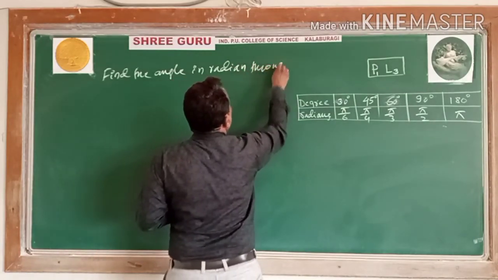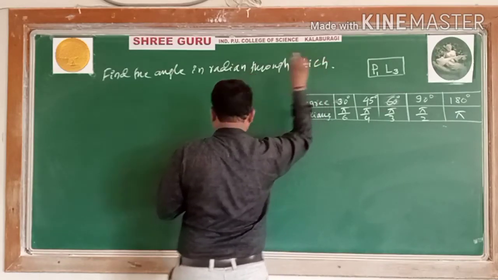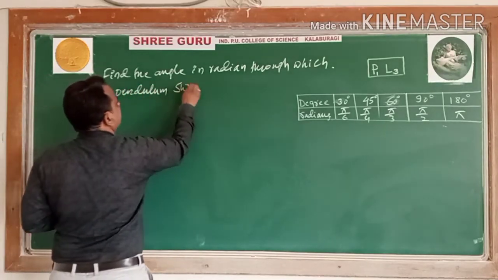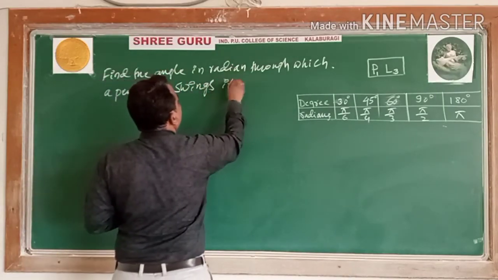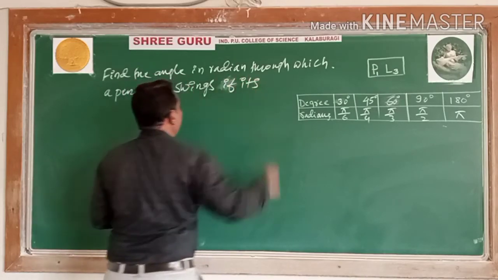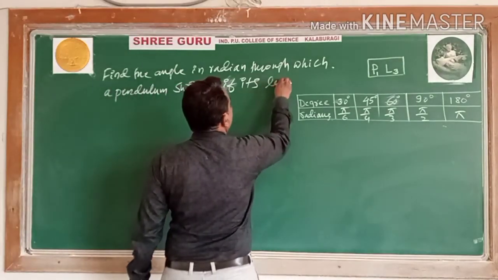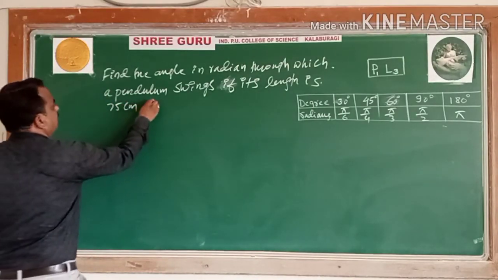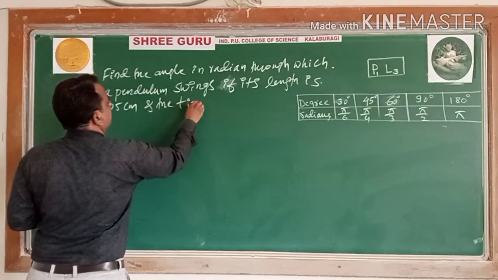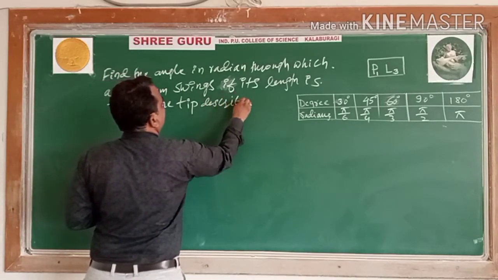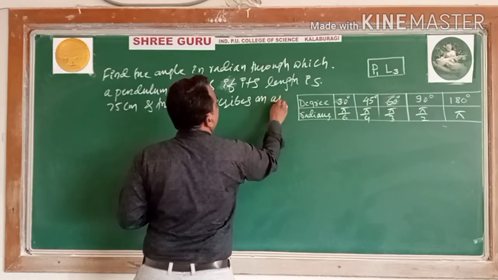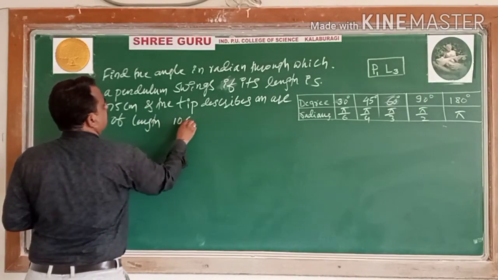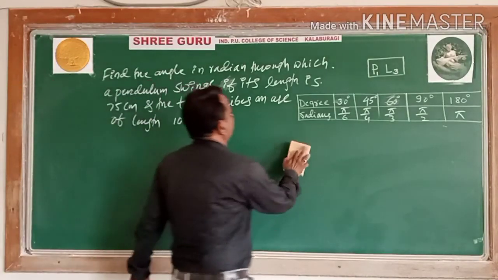Through which a simple pendulum swings, if its length is 75 centimeter and the tip describes an arc of length 10 centimeter.